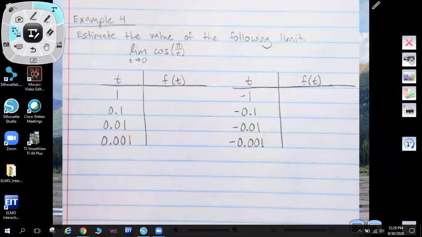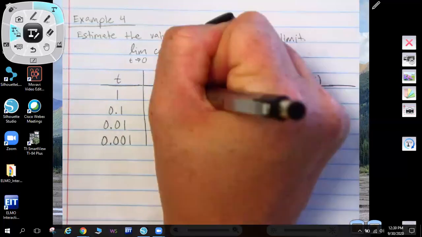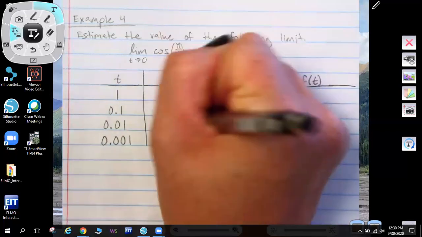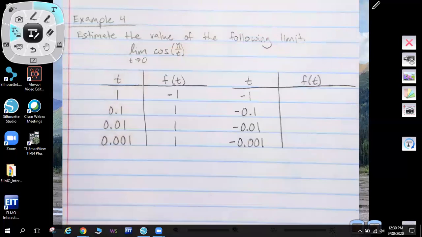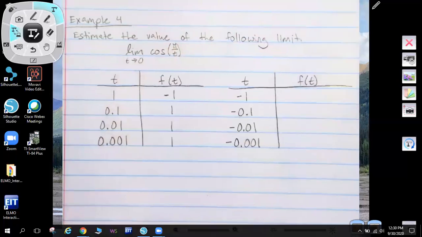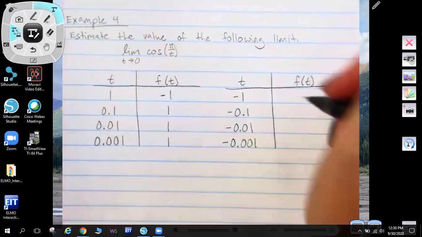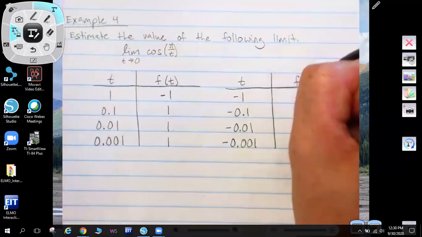Okay, you guys should have this first part done first, right? -1, then you get 1 three times. Okay, you get the same thing on this side as well.